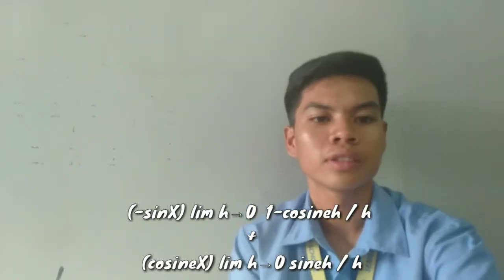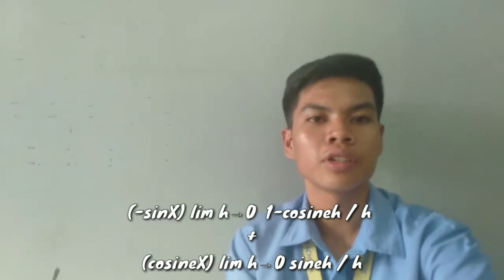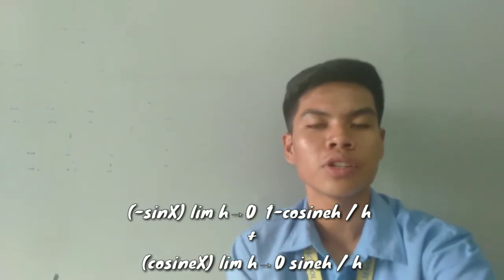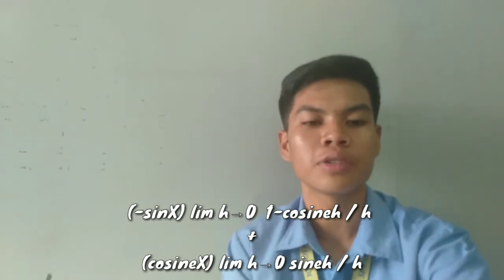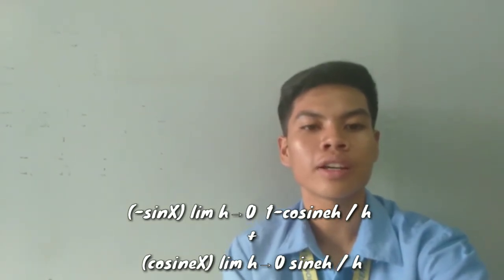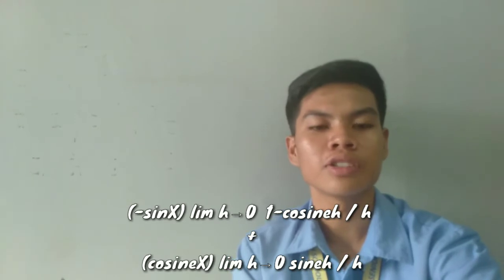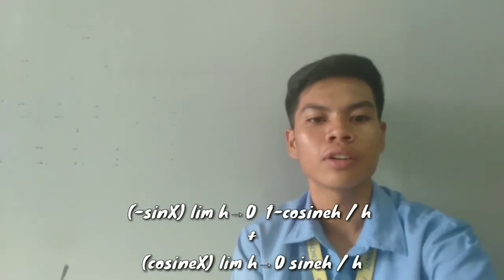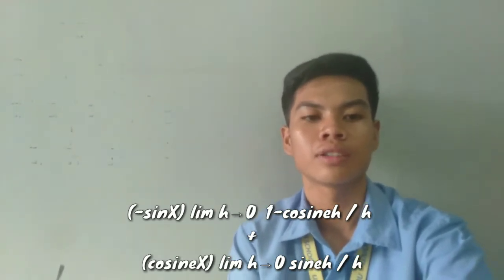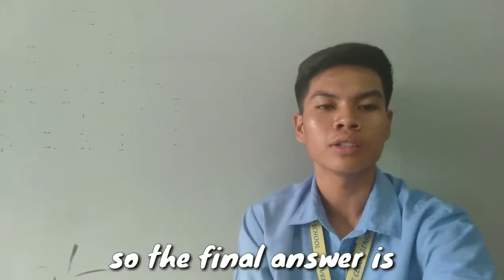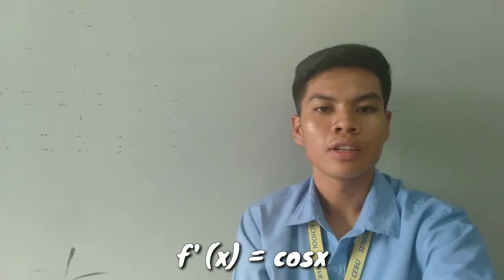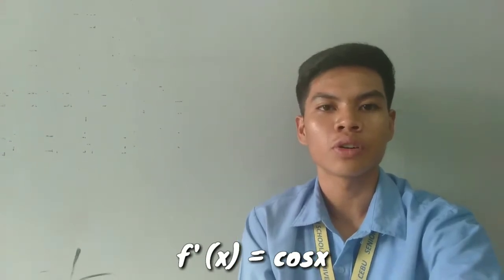Sine x times the limit as h approaches 0 of cosine h minus 1 all over h, plus cosine x times the limit as h approaches 0 of sine h all over h. Sine x times 0 plus cosine x times 1. So the final answer is f prime of x equals cosine x.